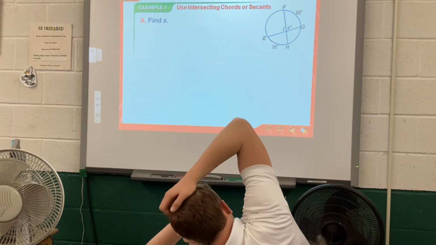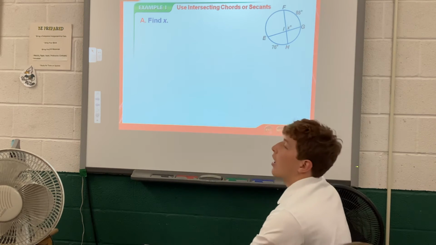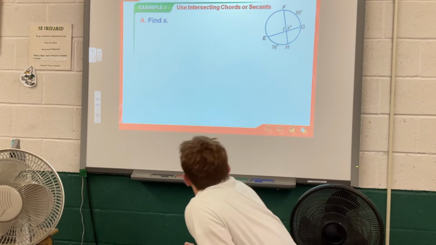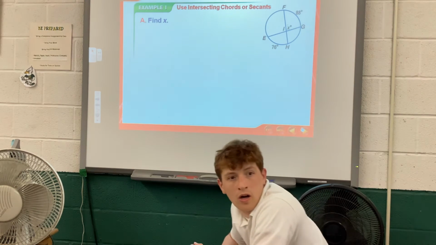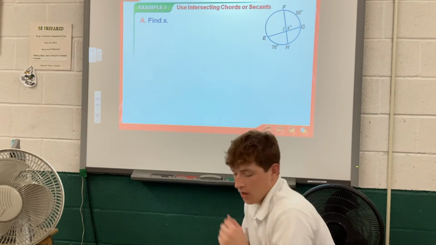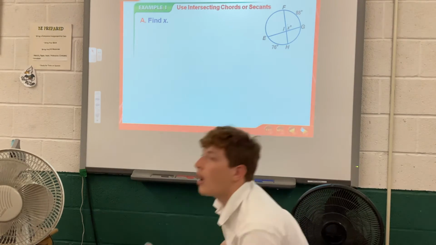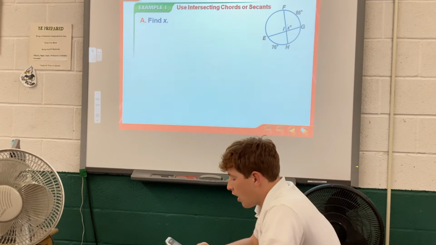So, find x. How am I going to find x? I'm going to take 88 plus 76. Right. So they cross on the inside, so I have to add the two arcs together and then divide by 2. Okay, so I'm going to take 88 plus 76 divided by 2, and that's going to be x, correct?